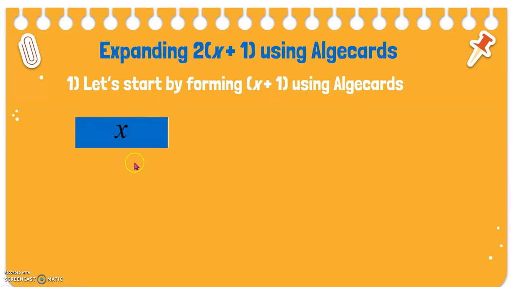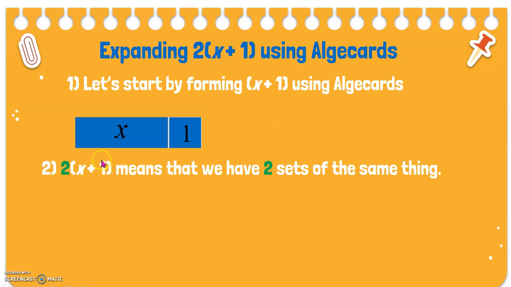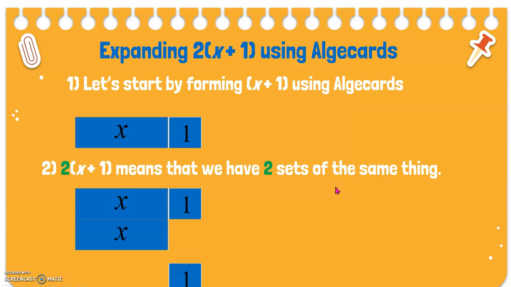As you know, this will be the x card and this is the 1 card. So this is one set, but there's a 2 in front there, right? So 2 means that we have 2 sets of the same thing. So this is one set, this is the second set. One set is 1x and 1, so this is the second one. So this is what we have.